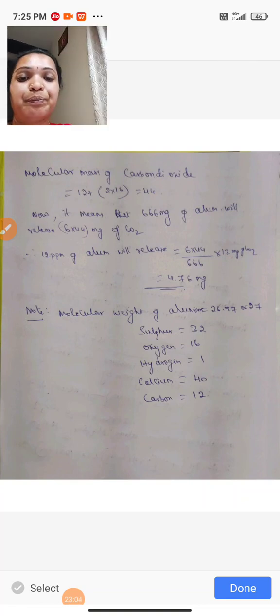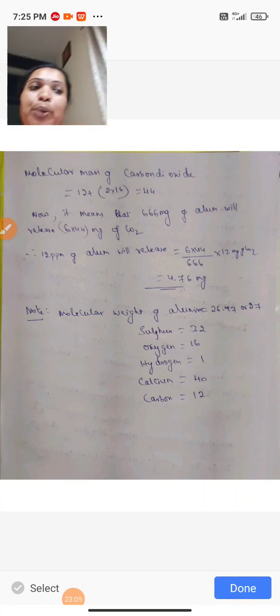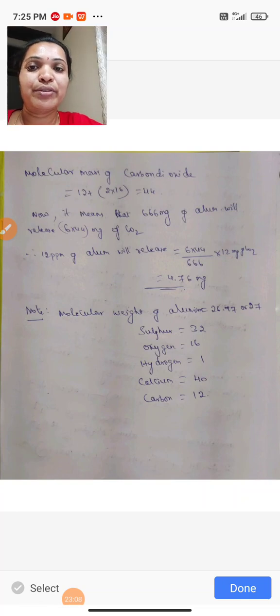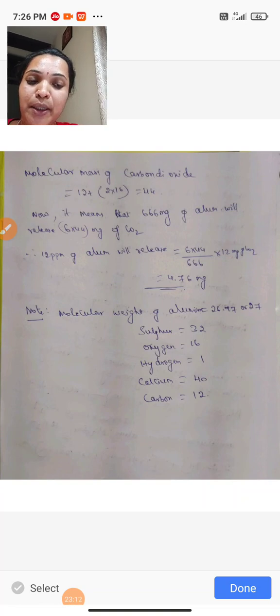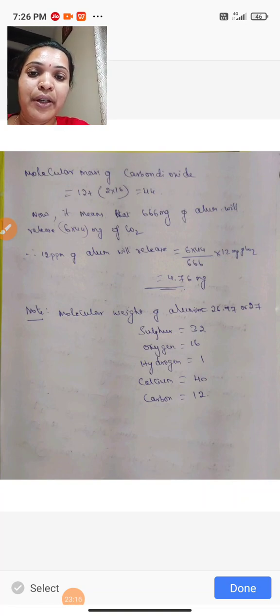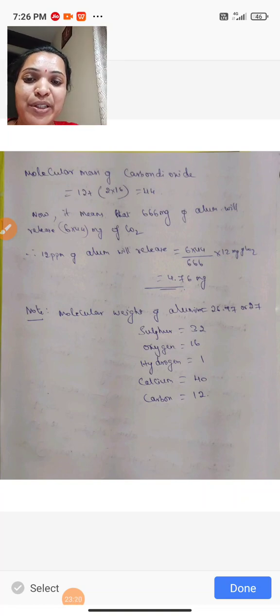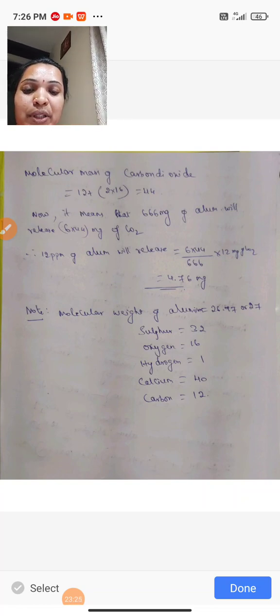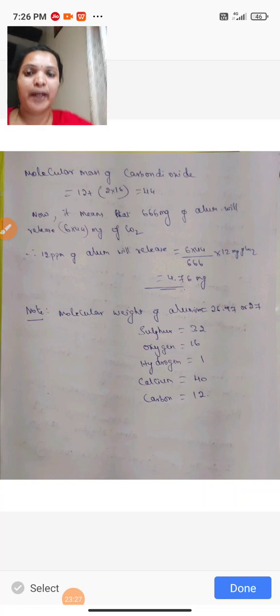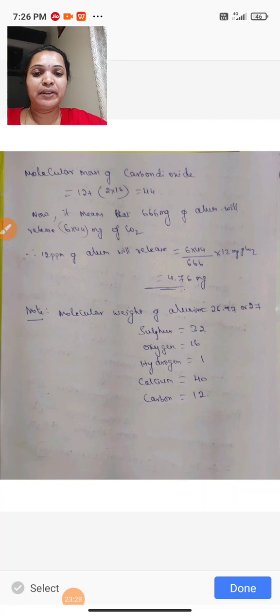So we have calculated both the quantity of alum required to treat the 13 million liters, as well as how much carbon dioxide is released from the 12 ppm of the alum, that is 12 milligrams per liter. So this is the solution for the particular problem. I think you have understood. Okay, thank you.